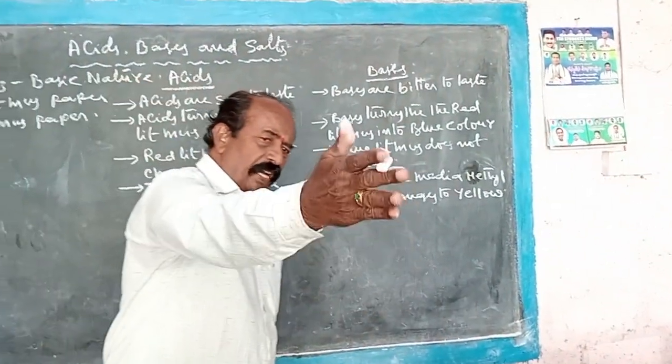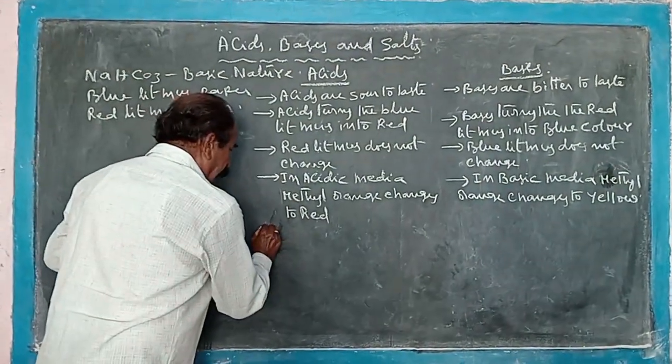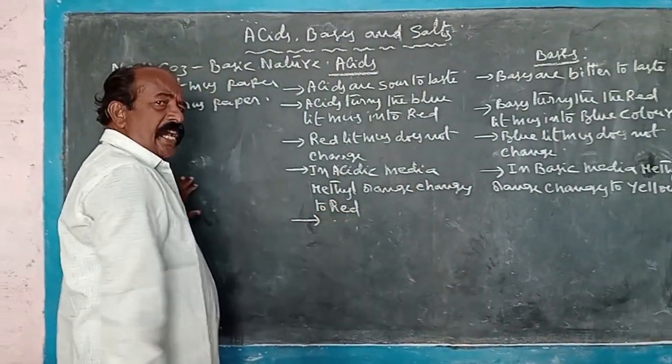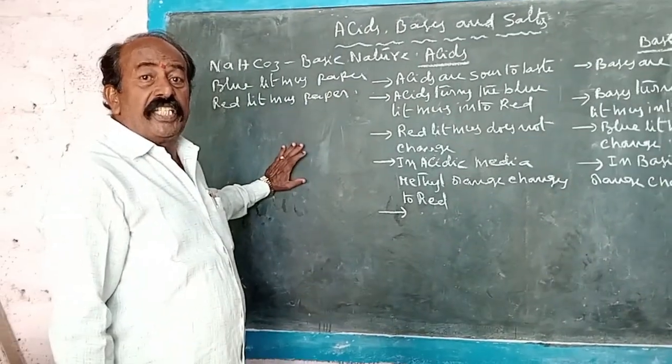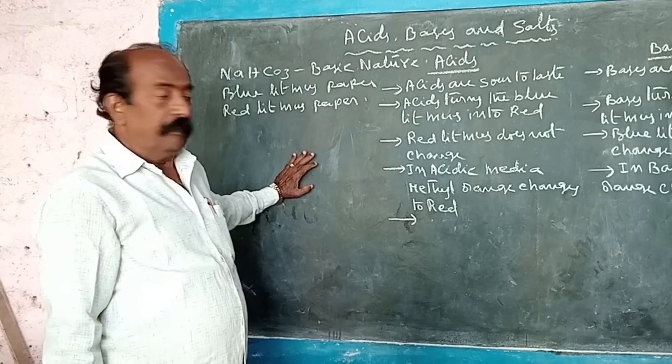Can you say the next one? What is the main difference? One of the synthetic indicators is there. What is the name of the synthetic indicator? Phenolphthalein indicator.